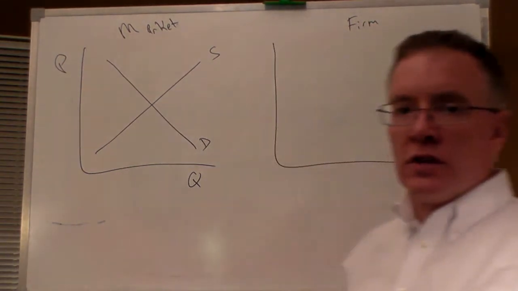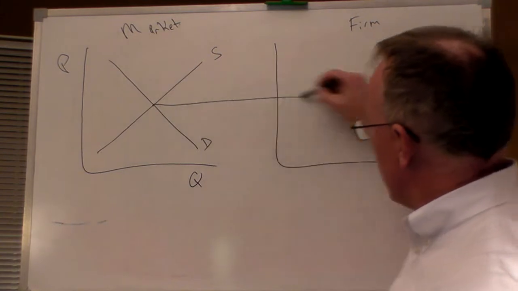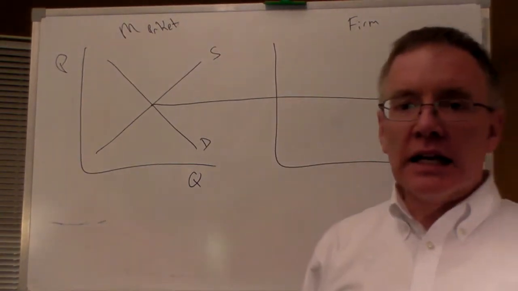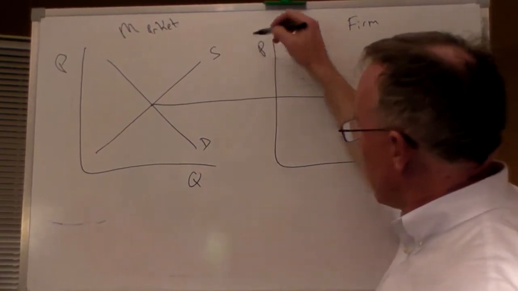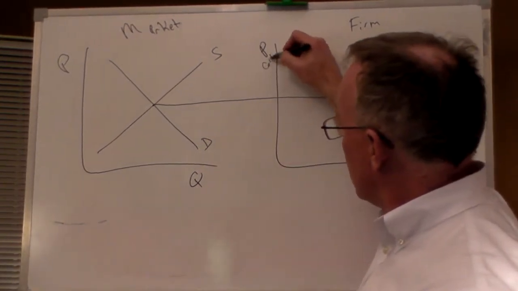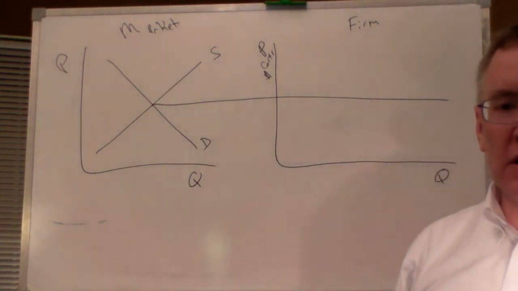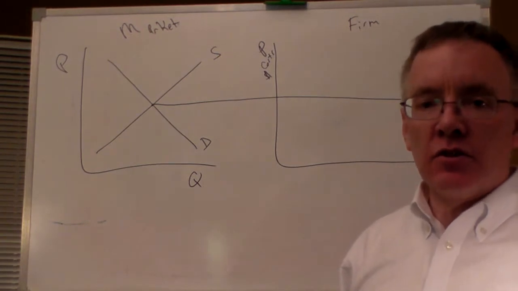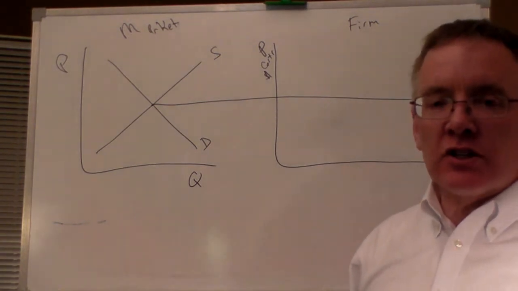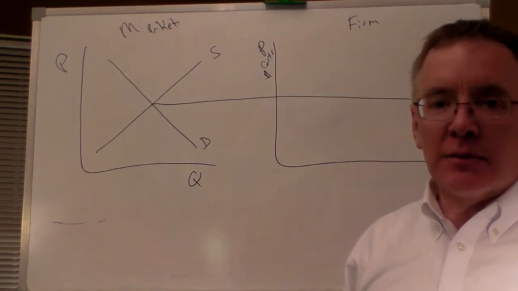The firm only sees the price that is in the market, and it can then choose the quantity that it wants to produce. But the firm in perfect competition has no control over the price. It is a price taker, meaning there's nothing that the firm itself can do to influence the price, and so the firm is going to choose the quantity that it's going to produce in order to maximize profit.